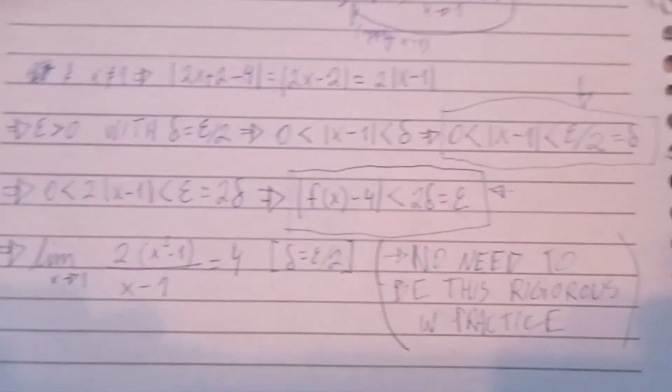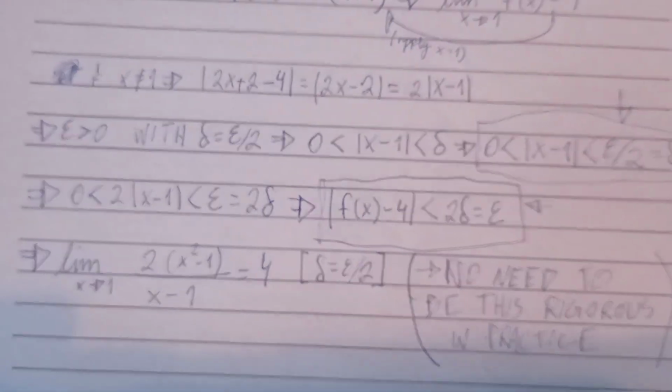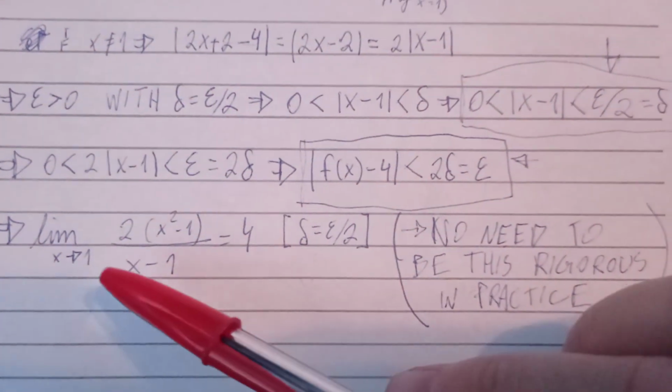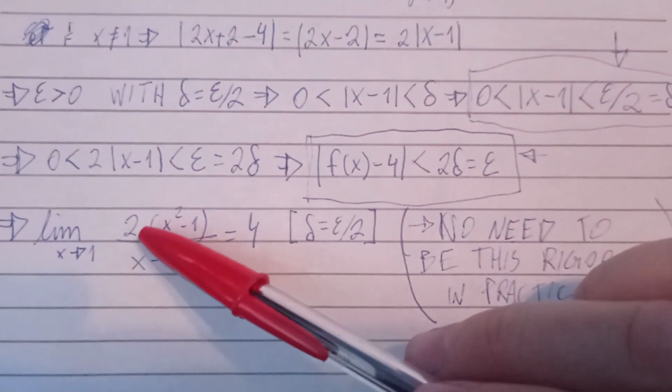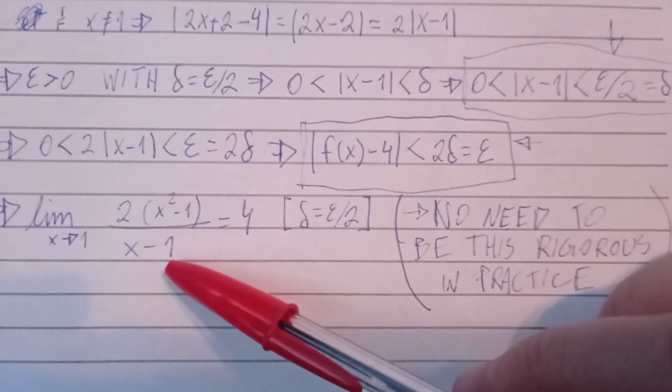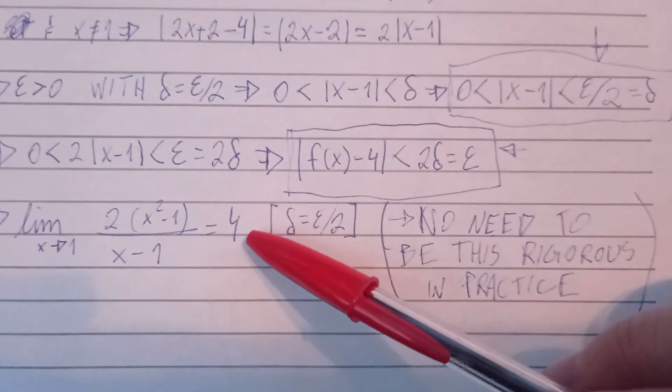So this proves that for the choice delta equal to epsilon divided by 2, the limit as x goes to 1 of 2 times x squared minus 1 divided by x minus 1 is 4.